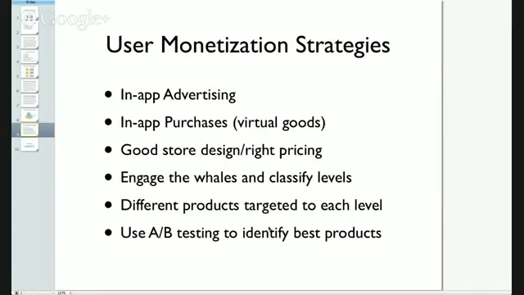I'll give you an example. There's one game that he was working on, and in MMOs the average revenue per paying user can be like $60. That's kind of an average. You might remember when we were talking about mobile games, it's more like $20 to $30. But in MMOs, it can be like $60.